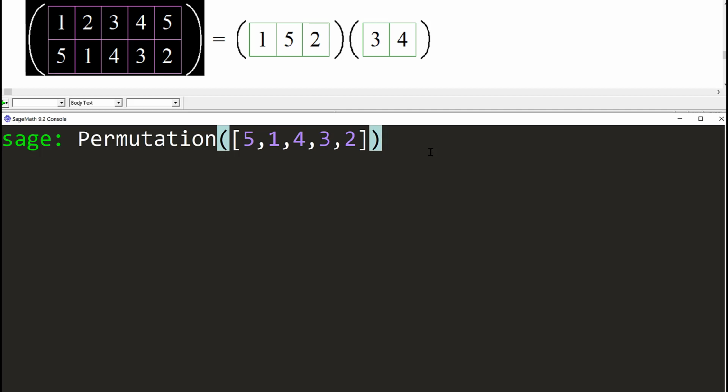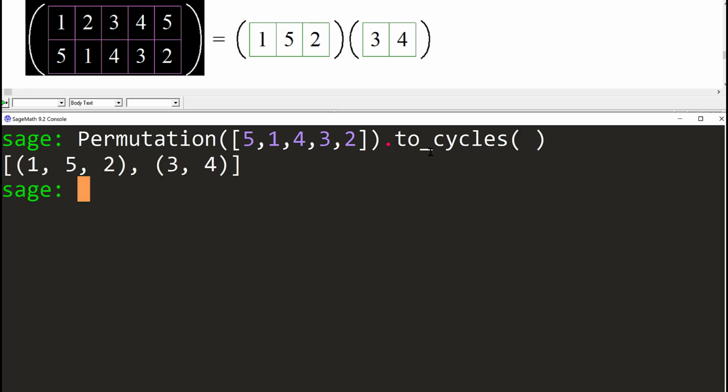And then we want to decompose this into a product of cycles. So this is the command, and once we do that, you can see we got the same thing, (1, 5, 2) times (3, 4). So that's the output. And when it shows parentheses, that means cycles.